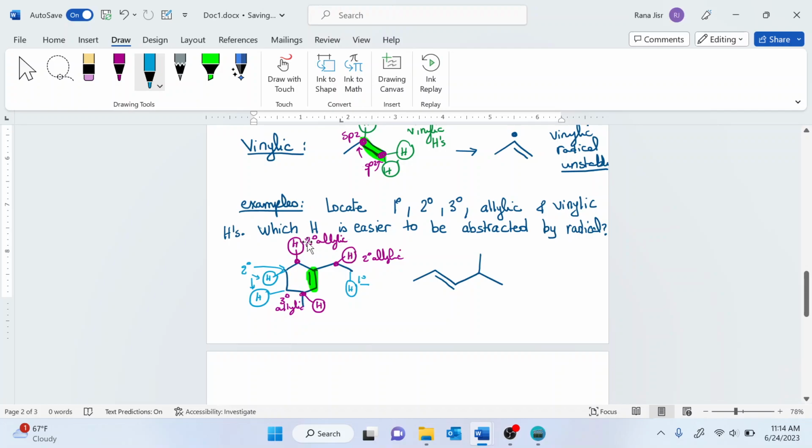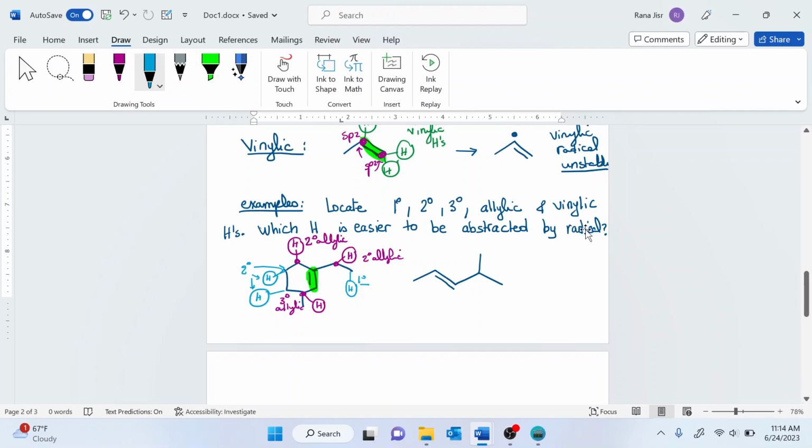Now, all of these allylic hydrogens, whether they are secondary or tertiary or even primary, whenever they are next to a radical, the radical has the possibility to come and take each one of them. Although the tertiary allylic hydrogen is going to generate the most stable free radical, which is the tertiary allylic radical, still the secondary allylic radical also forms, and the primary allylic radical, if there is any, also forms.